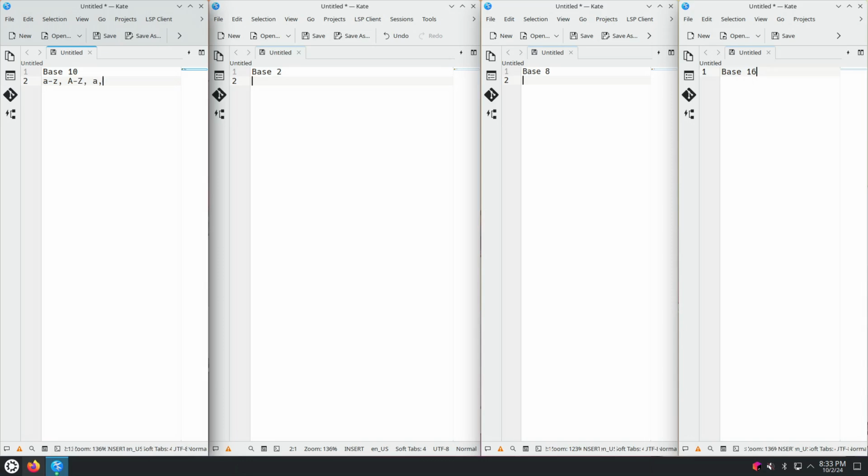So the letters are A, B, C, D, E, F, etc. Similar to the alphabet in the English language, in these four numeric system bases, there are the digits. So the digits for base 10 are 0, 1, 2, 3, 4, 5, 6, 7, 8, 9.